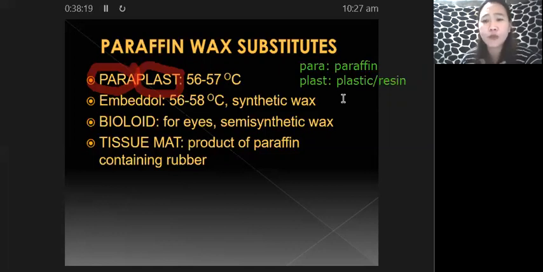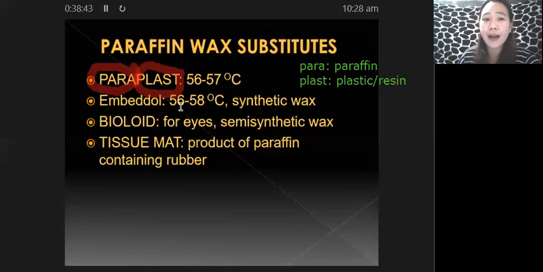Sa histopath, gusto natin ng plastic. Love natin ang plastic sa histopath. Because we are able to provide better sections. We are able to cut easily if there is plastic in your medium.